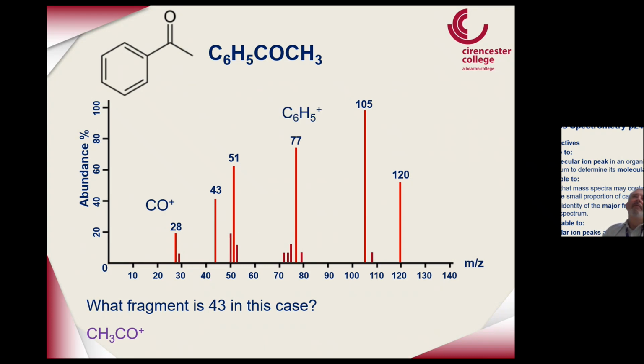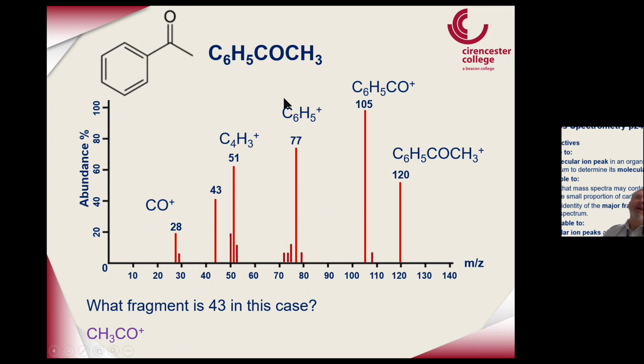Right, so then we've got the rest of our peaks. That is our phenyl peak, C6H5+, as we said previously. That is CO, because if I had this plus 28, it makes that. So that is with the CH3, that's our molecular ion peak. All of that should add up to 120.